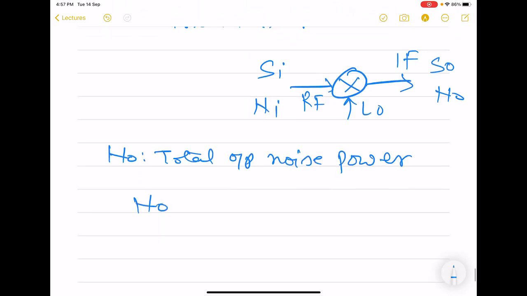So this will have two components. One is this input noise multiplied by the conversion gain of the mixer, and we have taken the square because up till now we have been calculating conversion gain in terms of amplitude, and the noise added by the mixer. So output will have these two components.